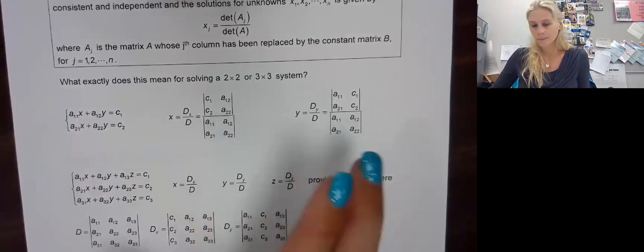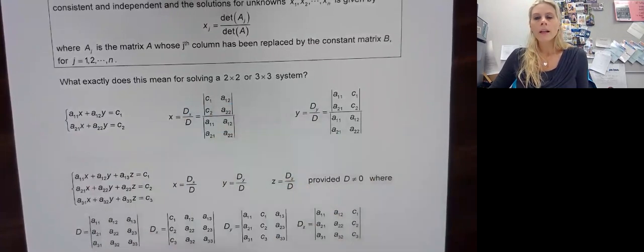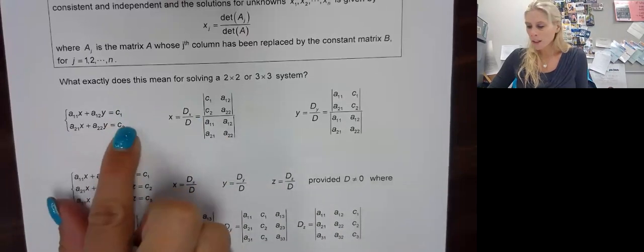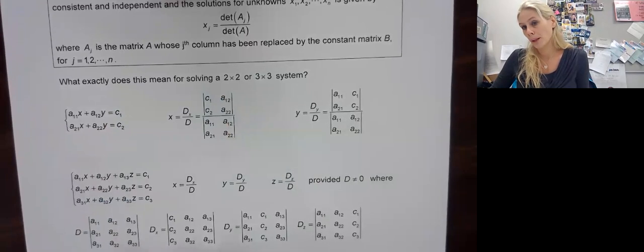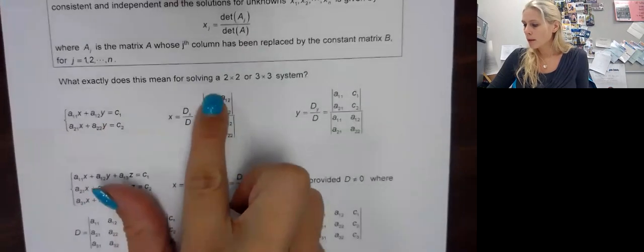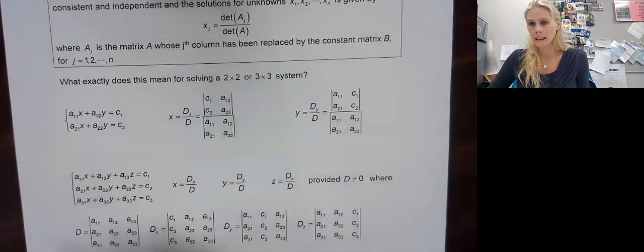You guys see that? But what do you notice about the numerator? If you notice this, the constants are replaced where that variable would have been. So as you see, these values would have been our x values, but since we're finding x, we put the constants there and then take the determinant.